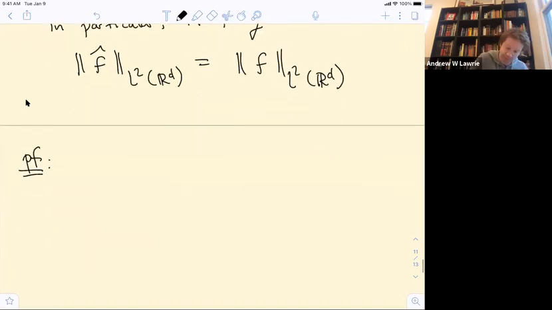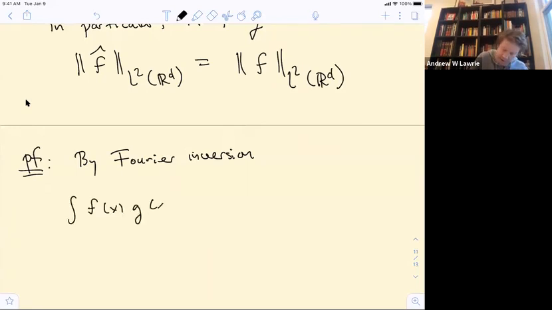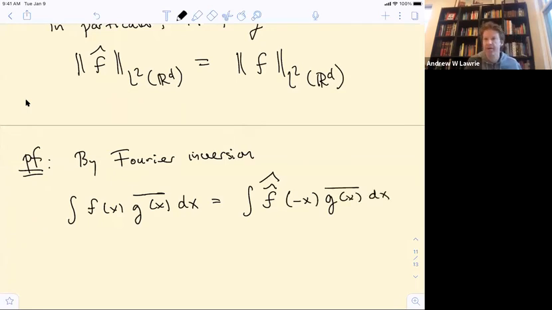So by the inversion, the L2 inner product of f and g, the integral of f of x, g of x bar, is equal to, I'm just using the inversion formula to write f as f hat hat of minus x.